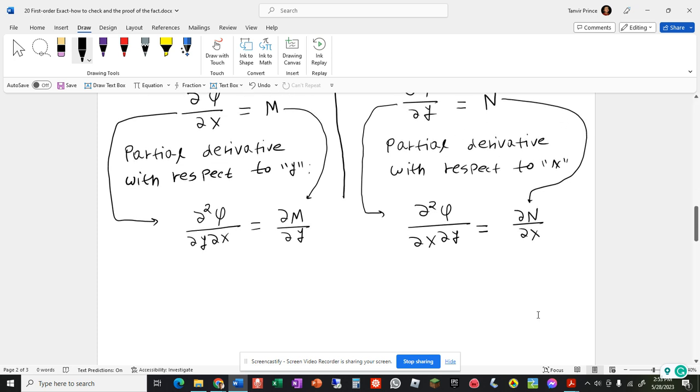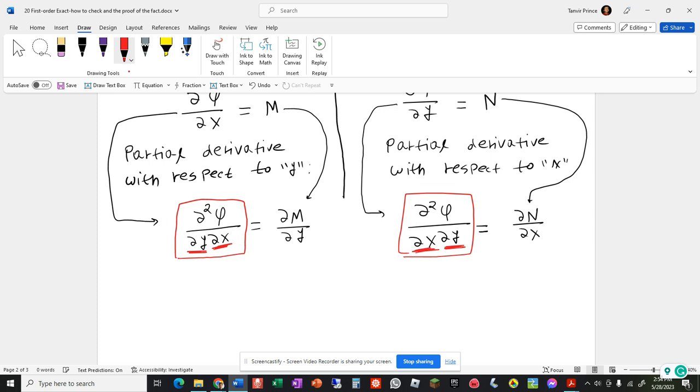So from the mixed derivative theorem from calculus 3, you know that the order of the partial derivatives does not matter. If I take the partial with respect to x and then with respect to y, I get the same answer as if I first take the partial with respect to y and then with respect to x.